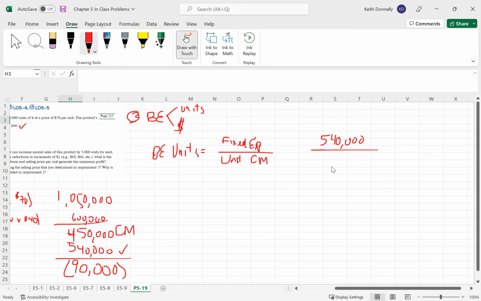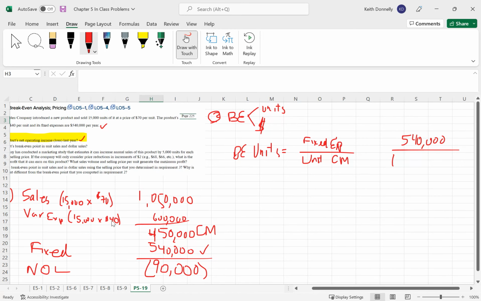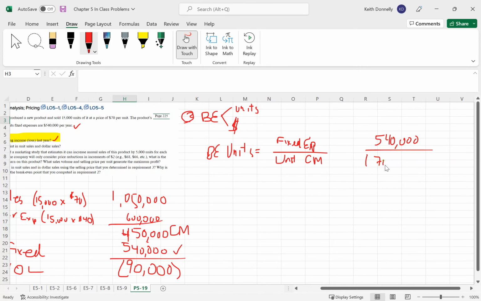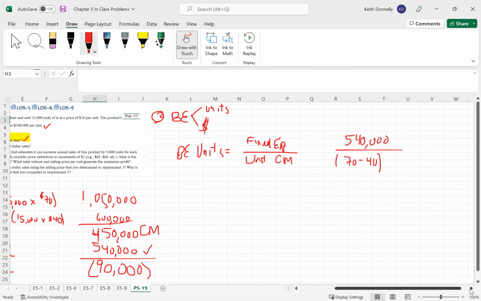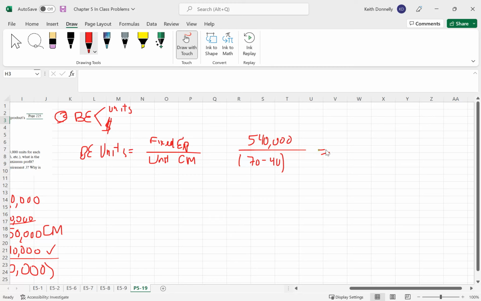And then our unit contribution margin, on a per unit basis, we sell it for 70 per unit, and then 40 are the variable, so 70 minus 40. When you do the math on that, it's going to come out to 18,000 units.